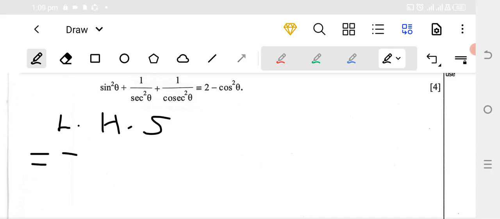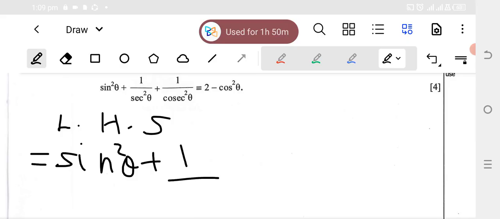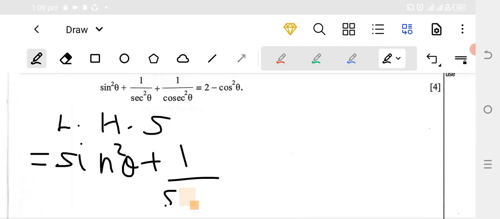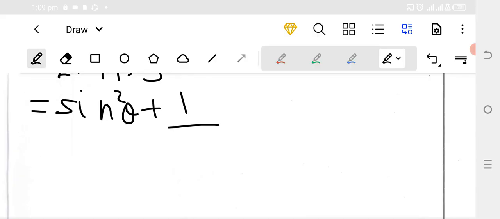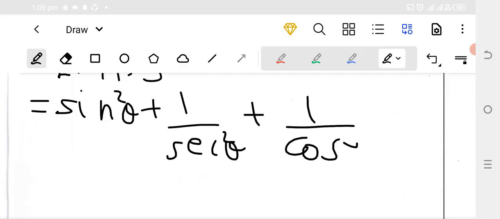So I'm going to pick the left hand side, which is equal to sine theta squared plus 1 over sec theta squared plus 1 over cosec theta squared.